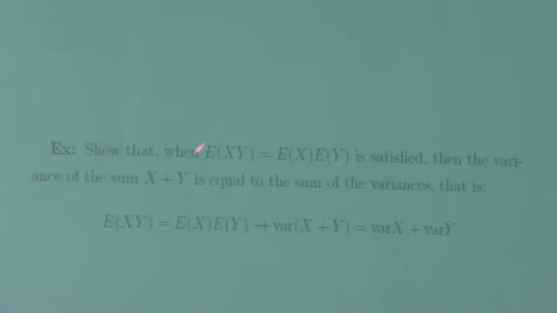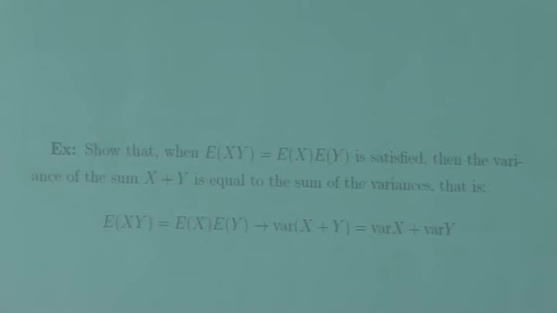Now, this identity does not imply independence. This identity is true whenever X and Y are independent, but in general, independence is not necessary for this to happen. Sometimes X and Y are called linearly independent in this case.